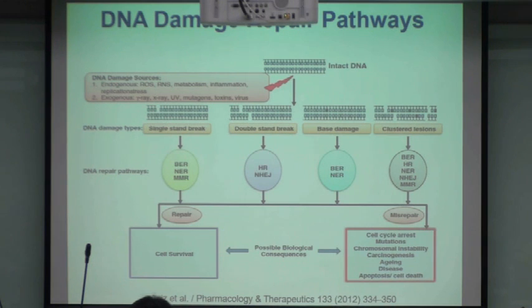And if the repair succeeds, they will have a trigger saying you can go on with the cell cycle and move on. If not, some proteins will trigger the process called apoptosis. The protein involved in that a lot is the p53 protein that you may have heard of, because mutation of p53 leads to about 50% of all cancers found in humans.